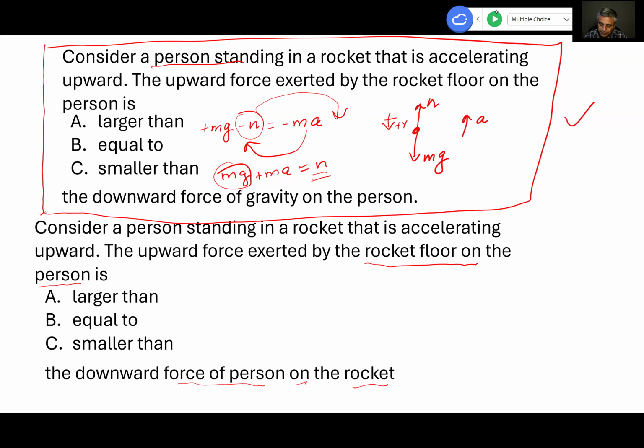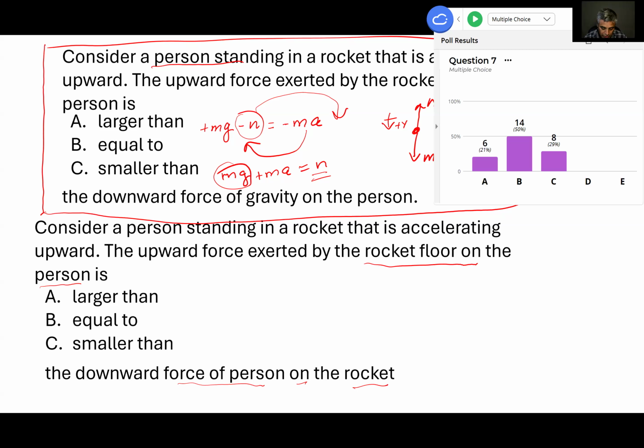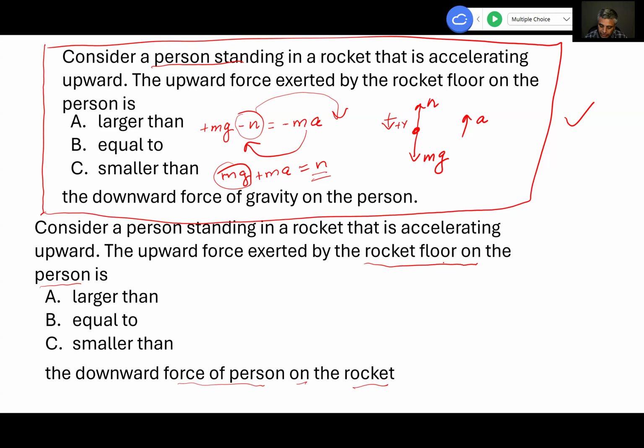Okay, so now if we pay attention, what do we see here? Oh, by the way, what did we get? Okay, so B is equal, and that is the correct answer because it is talking about action and reaction forces.